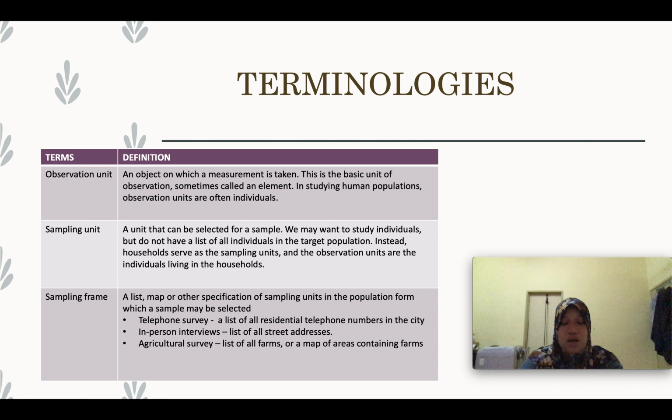If you make a face-to-face interview, your sampling frame is a list of all street addresses. Another example, in an agricultural survey, your sampling frame is the list of all farms, or maps of areas containing the farms.